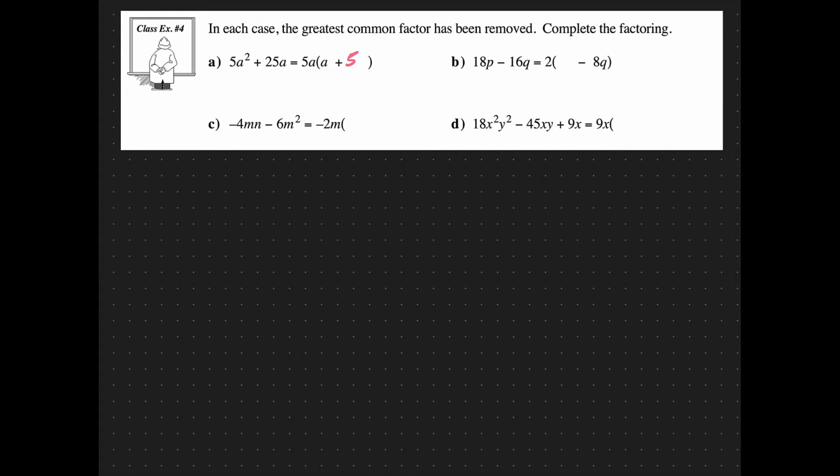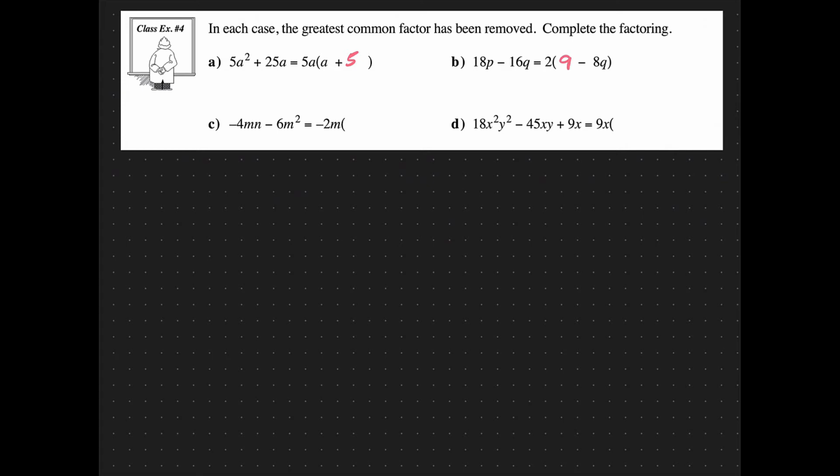So let's move on to part B. We started off with this binomial, and it says we've factored out a 2. So a 2 is what was common in there, and what are we left with? Well, again, 18 right here divided by the 2 is going to leave us with a 9.